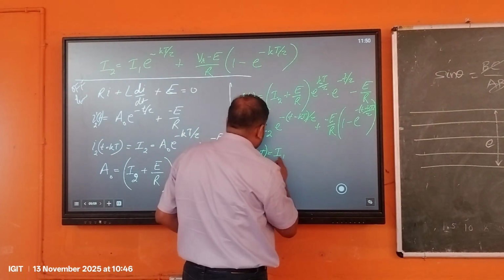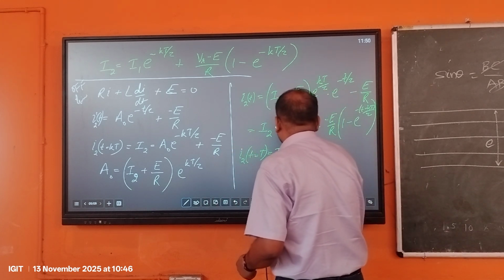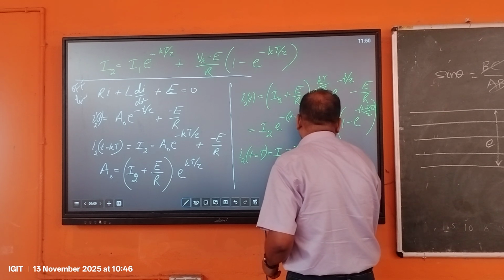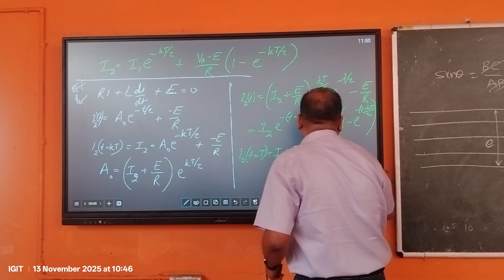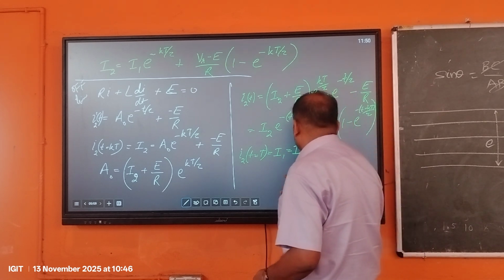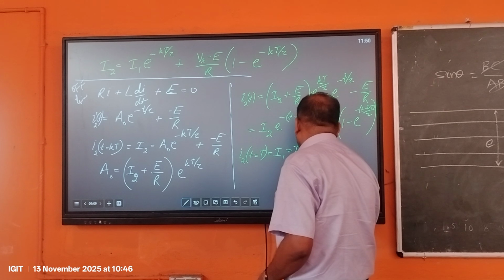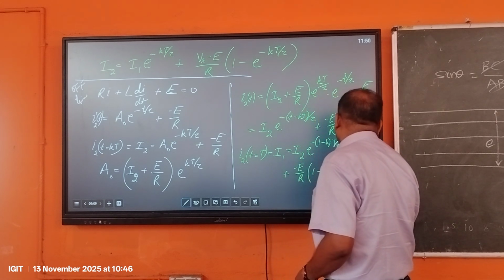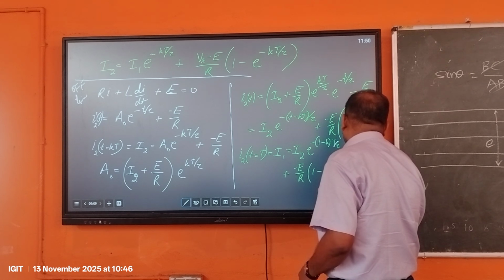If you substitute t equal to capital T, then this equation will look like I1 is equal to I2 e to the power minus (1 minus k) T by tau, plus minus E by R times 1 minus e to the power minus (1 minus k) T by tau.